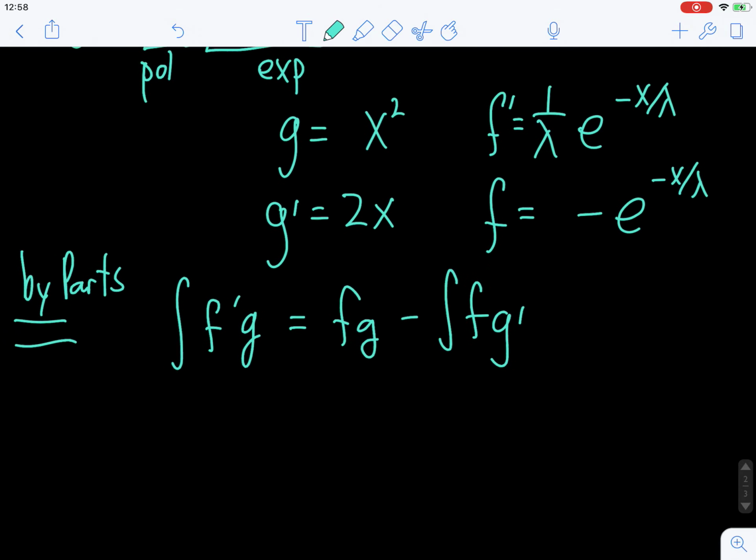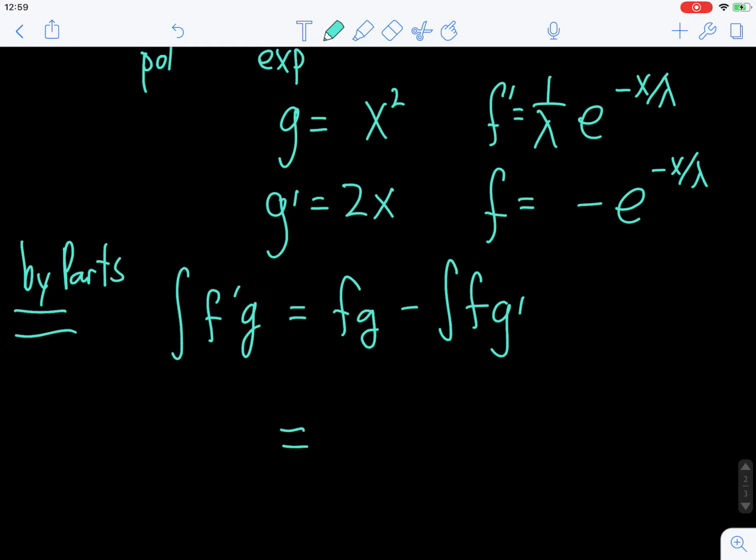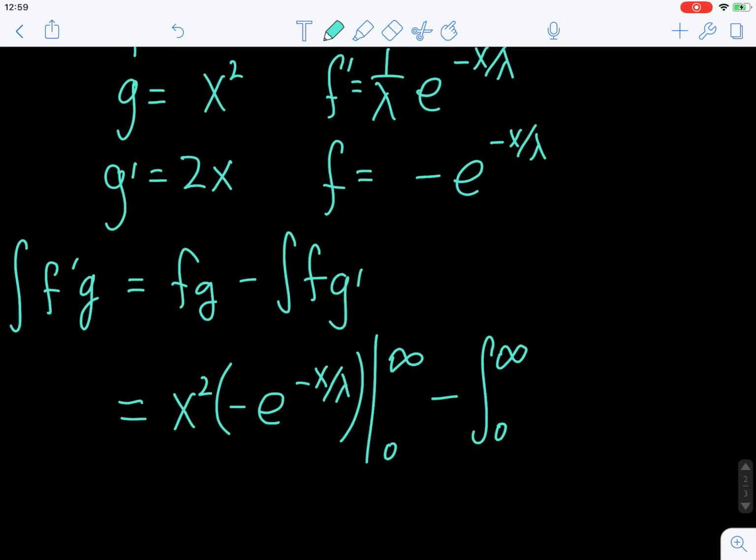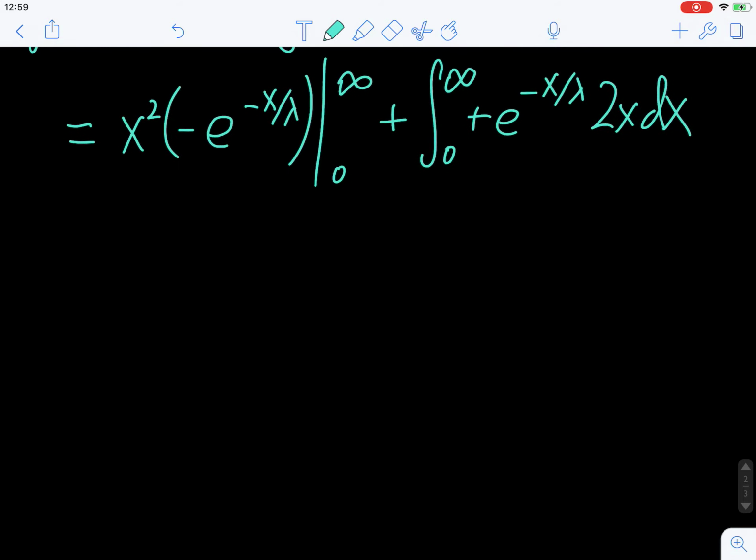And therefore, we'll have x squared times negative e to the negative x over lambda from 0 to infinity, minus the integral from 0 to infinity of fg prime. Okay, f is negative that, and then times 2x. Let's cancel the negatives. And then using the same steps as above, we'll see that this side equals 0.